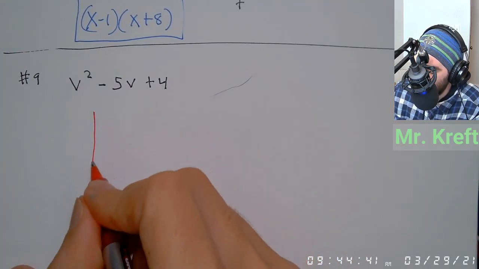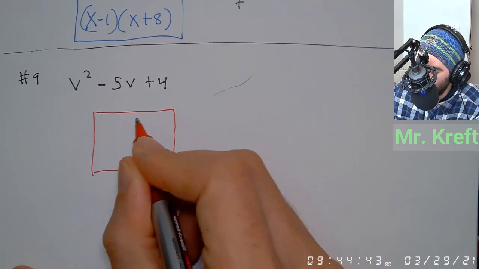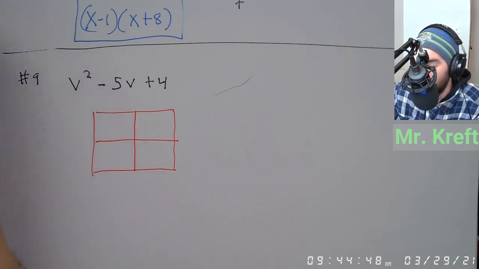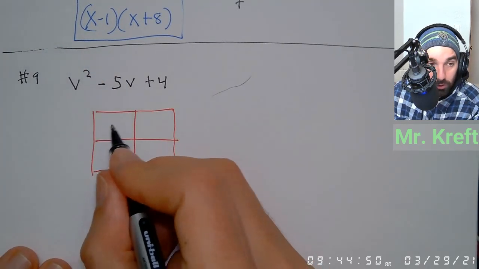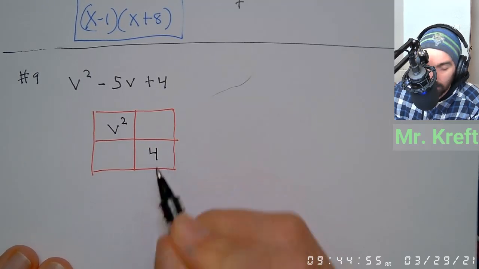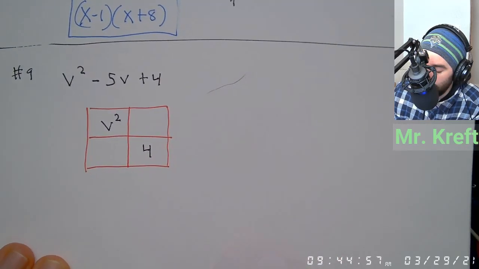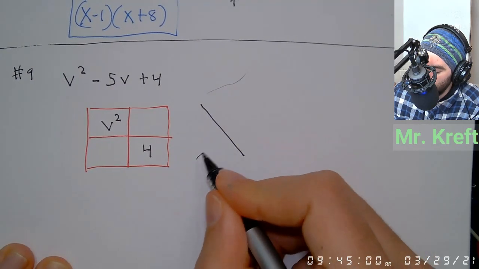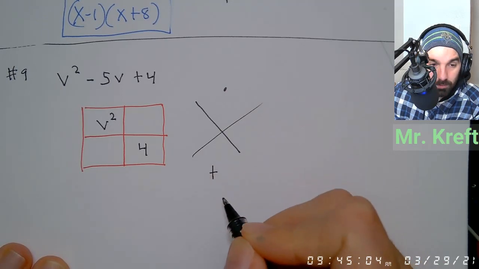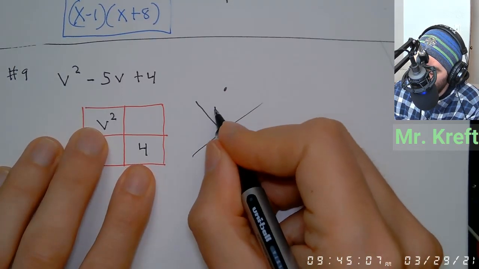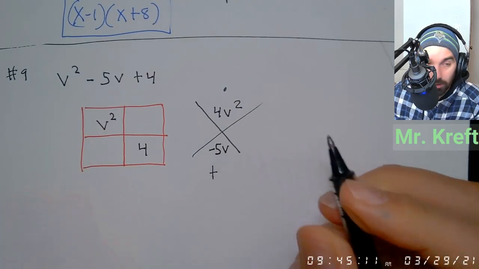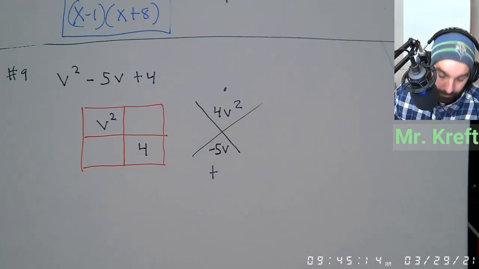For example, did you start with a box? And then you know what goes in the 2 boxes. If I have v squared and positive 4 down here, I'm going to multiply on top, add on bottom. So you multiply these 2, so this would be 4v squared, and this would be negative 5v. Have you gotten that far?